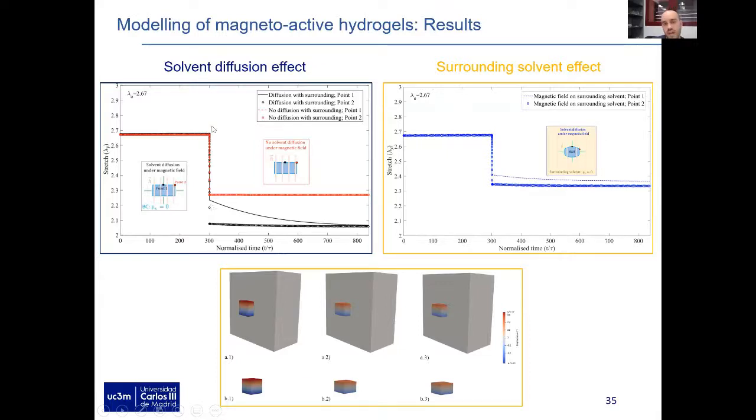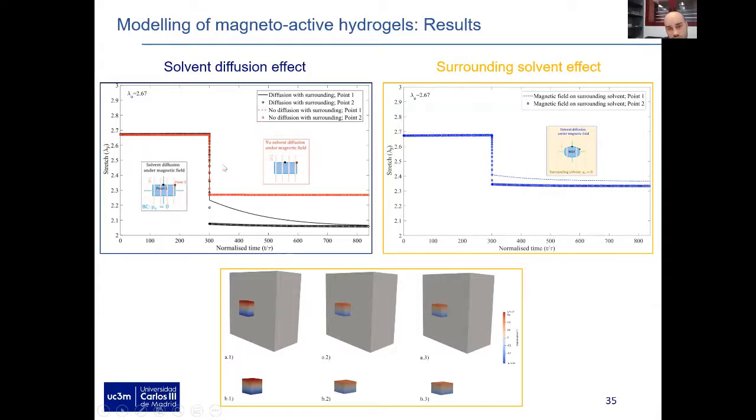As we apply the magnetic field, we can see a given deformation, and then we just get the equilibrium state, so there are no changes with time. It's not clear, but I'm plotting two different longitudinal stretches in Y for two different points in the hydrogel. So we get a homogeneous response, always in equilibrium, without any kind of transient response. But if we now allow for solvent diffusion, which is the video I presented before, we can see it in black.